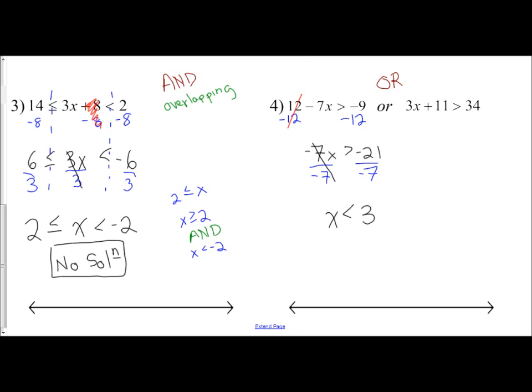And then I work with the next simple inequality over here. I would subtract 11. And I'm going to get here 3x is greater than 23. And then I would divide both sides by 3.